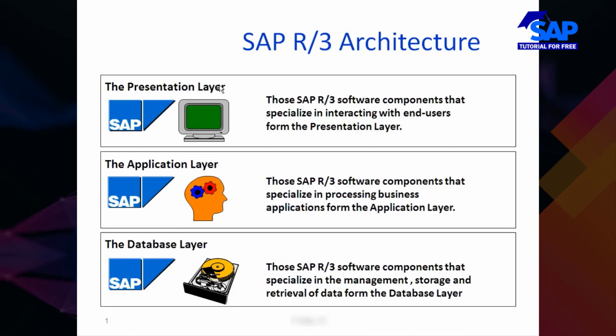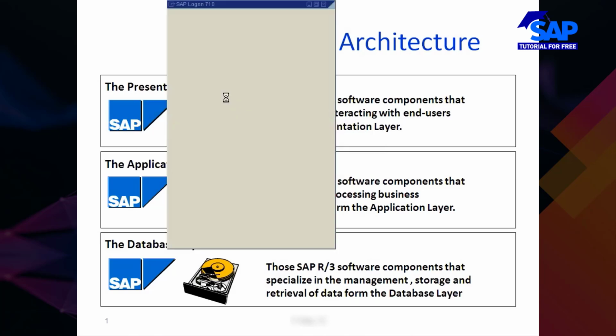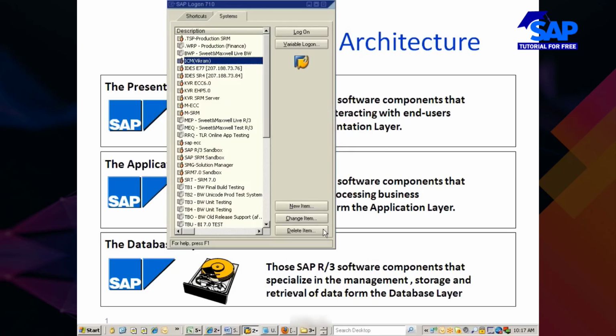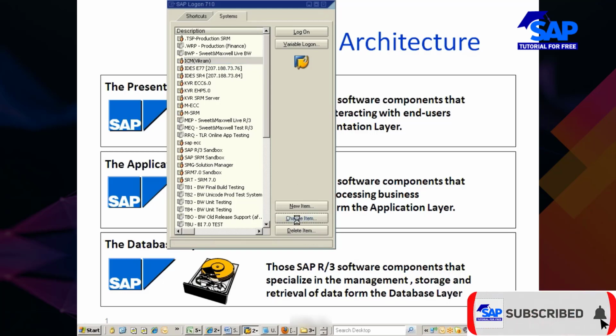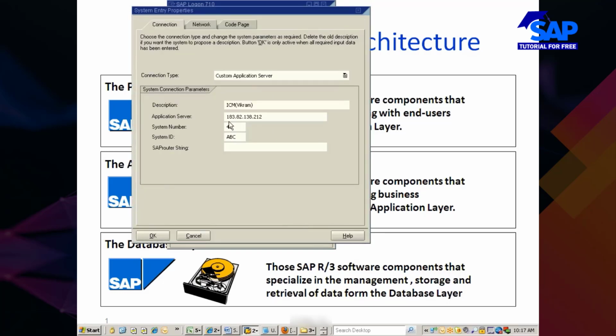I don't know where my SAP application server is residing. For example, you see here, I logged into this system. If I look at the server IP address, this is my server IP address, 183.82.138.212. I really do not know where this server is located. It may be in India, it may be in US, I don't know.